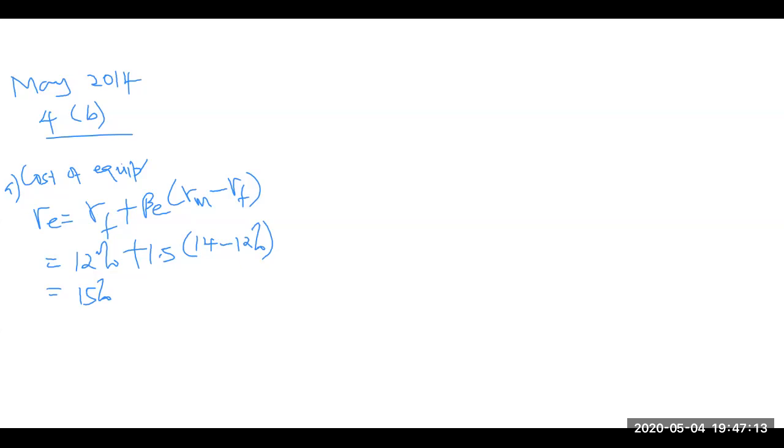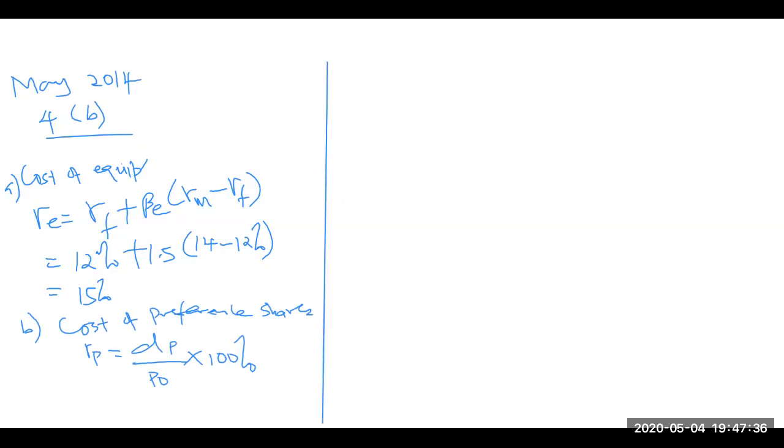That's part A. Then B, we need to get the cost of preference share. The cost of preference shares, Rp, is equal to the preferred dividend divided by P naught, which we express as a percent. Therefore, we need to get the preferred dividend.